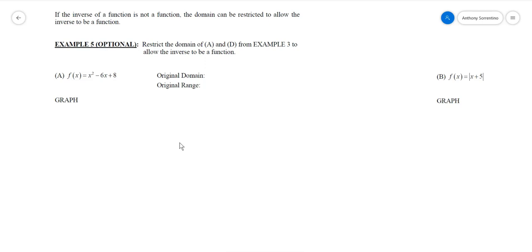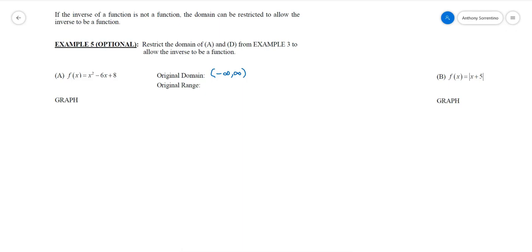And so when I look at these original functions and the original graphs, the original domain of this function was any real number, because I can put any real number into a quadratic function and get a number. The original range went from, well, this one had a vertex, and we can see where that vertex was on the graph.